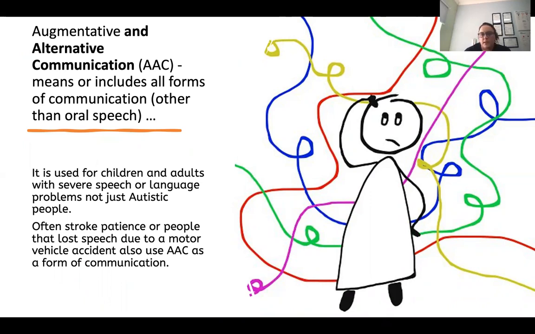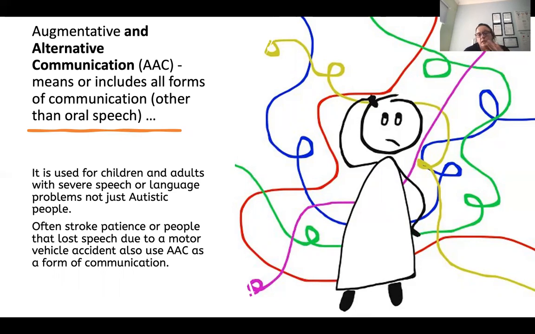Whether it's sign language, whether it's a picture exchange communication system, whether it's an app, or whether it's typing, whether it's a light writer, whether it's an AAC device specifically designed for people that don't have language. Anything that the child or the person uses other than verbal language. That is basically what AAC is.